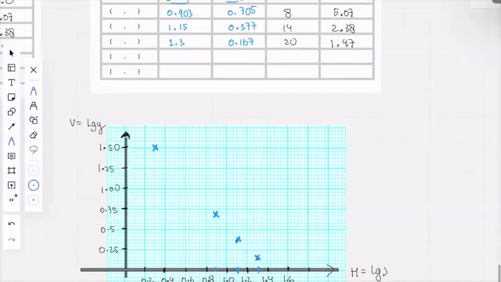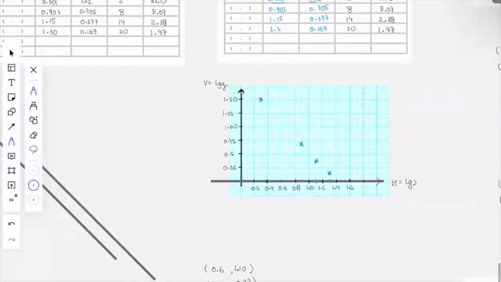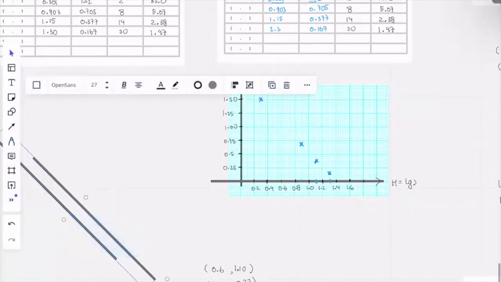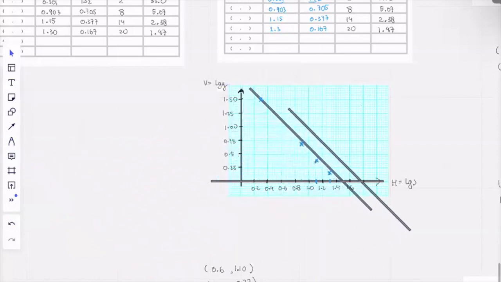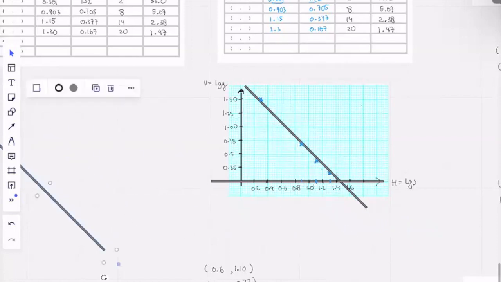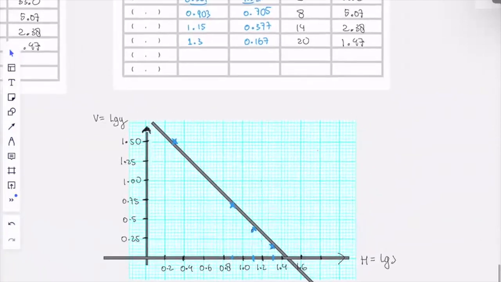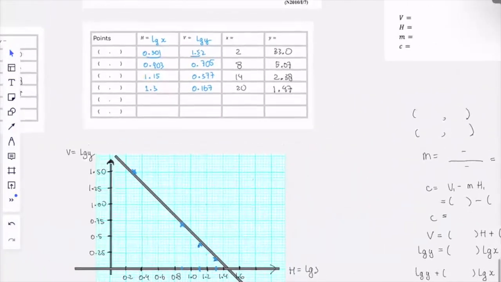Then we are supposed to draw a line. We draw a line. I think it's quite okay here. We draw that line.